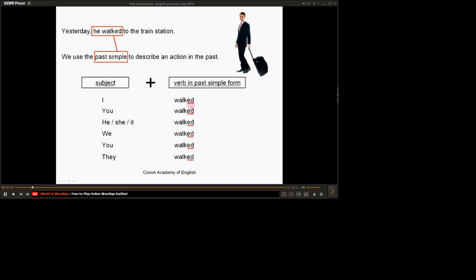Now let us look at the past simple form for other verbs, because not all verbs are regular.